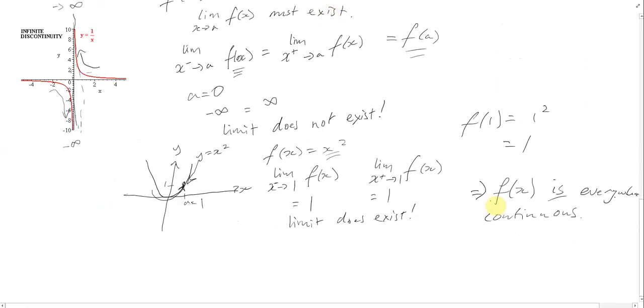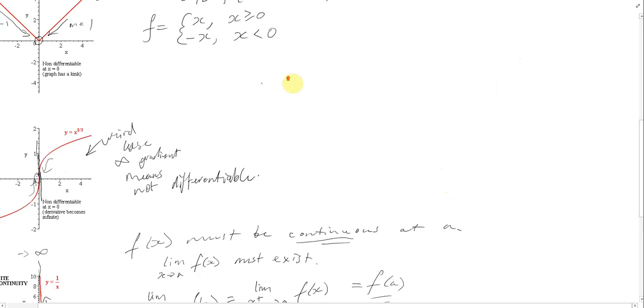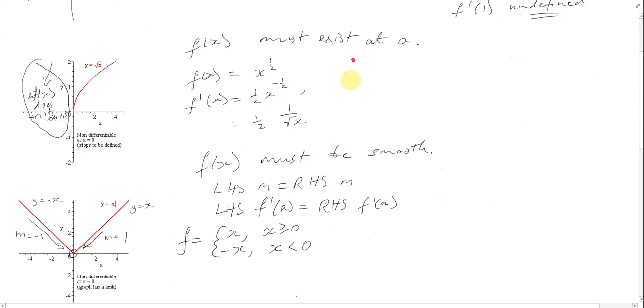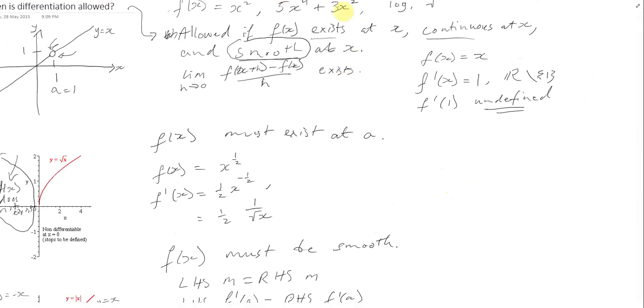That's basically the basics of when things are able to be differentiated and when they're not. So let's have a quick recap. Things are allowed to be differentiated if they exist at the point you're talking about, if they're continuous, which means the limits from both sides equal each other, and it's smooth, so that means the gradients as you approach from each side are the same.